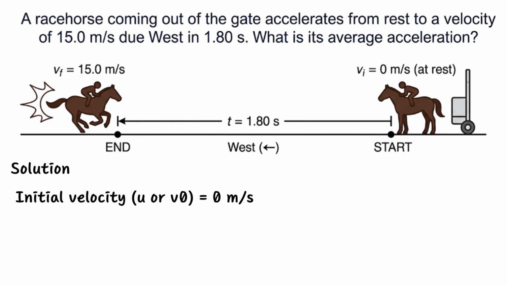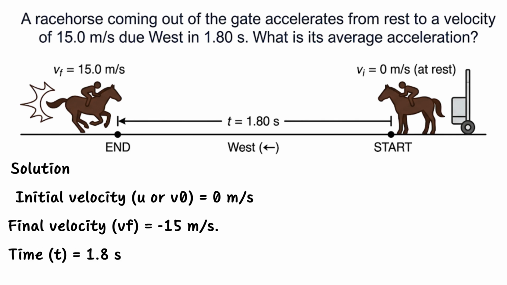So note, whenever you see from rest, just know that the initial velocity is 0. The final velocity will be minus 15 because it's moving due west. And then the time is 1.8 seconds. To calculate the change in velocity, we're going to subtract the initial velocity from the final velocity. So we have minus 15 minus 0 to give us minus 15 meters per second.